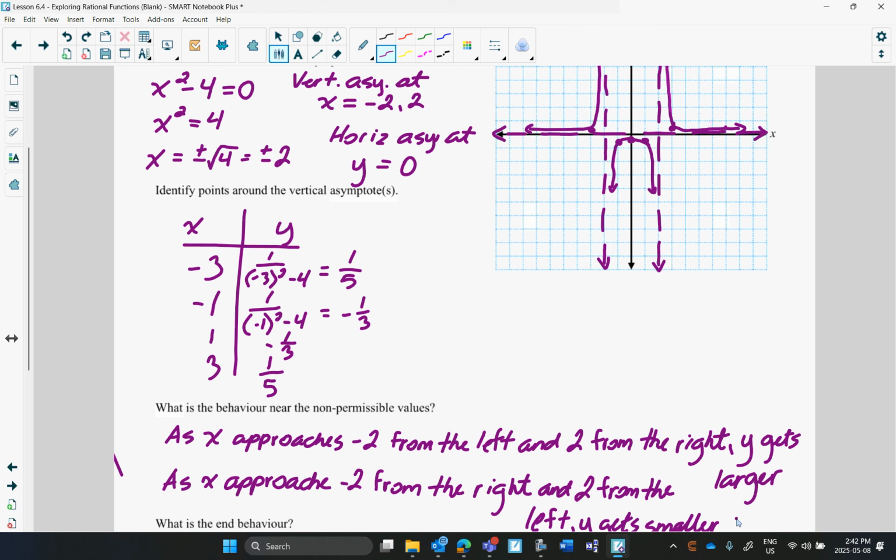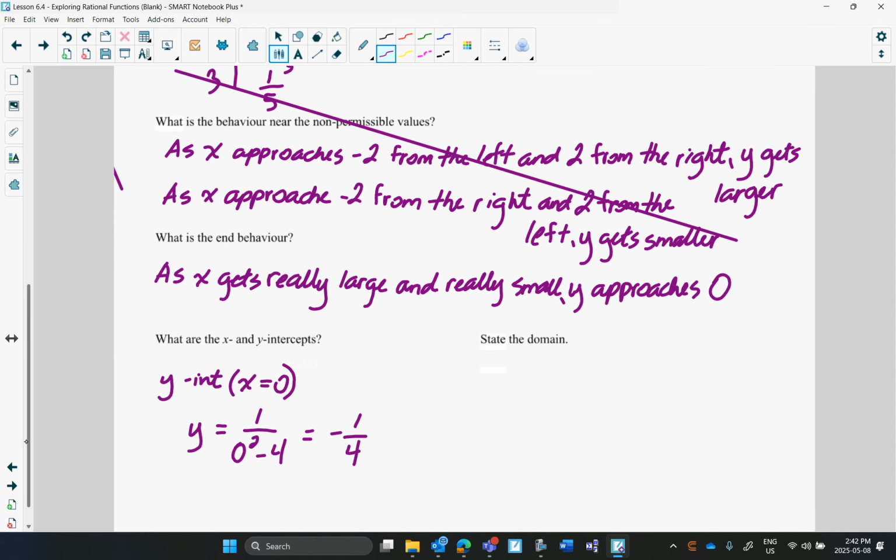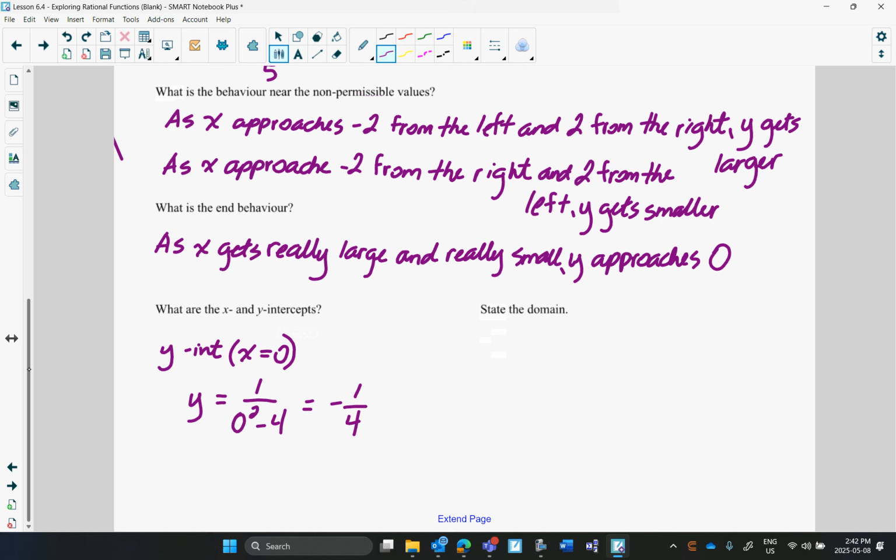So we were able to finish the graph. What's the x-intercept? That you can get off the graph. Look at your graph. Where does it cross the x-axis? It doesn't. So there's no x-intercept.